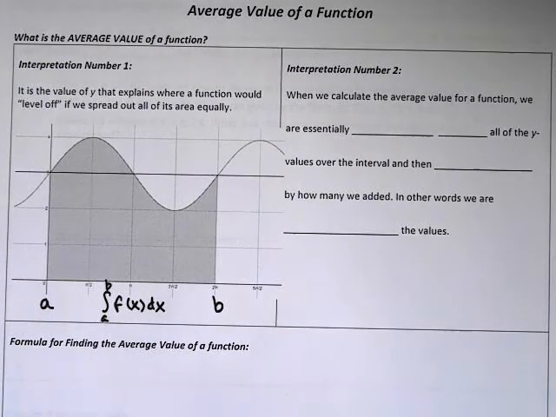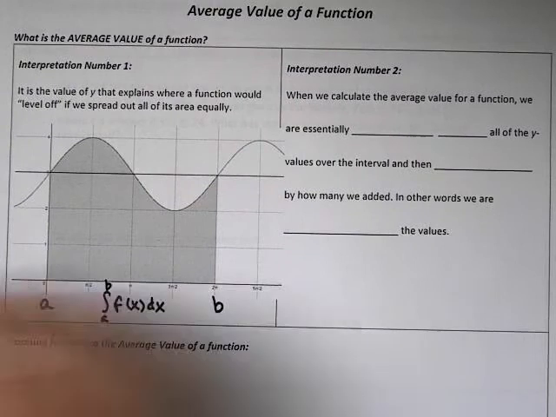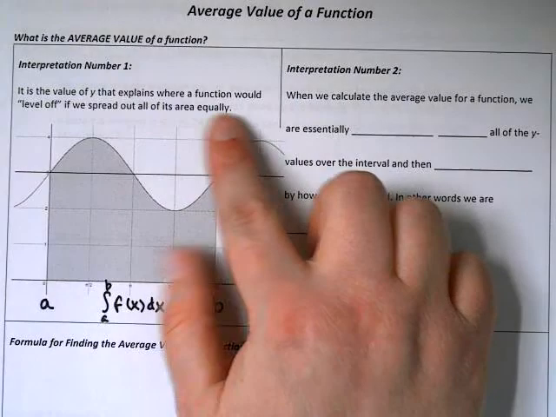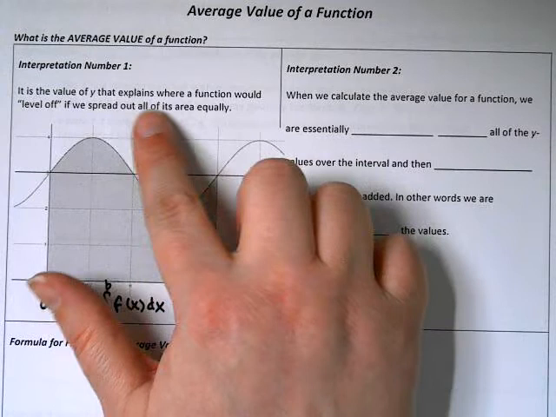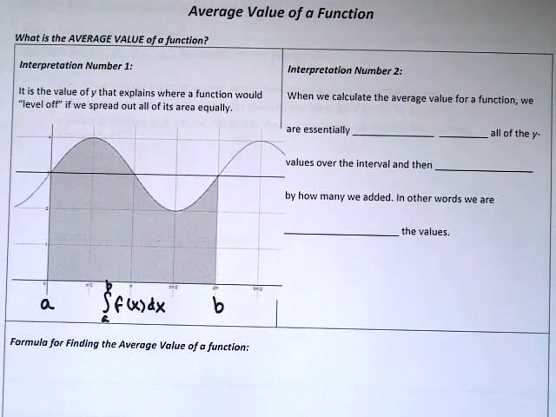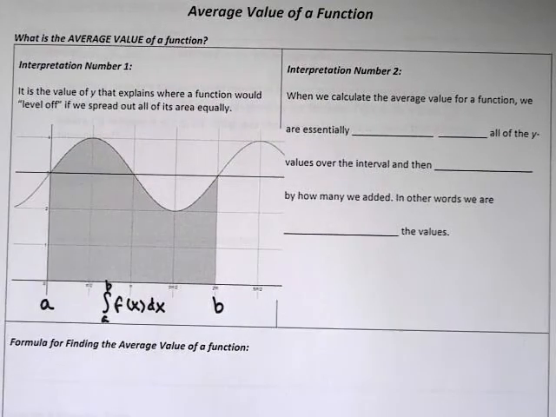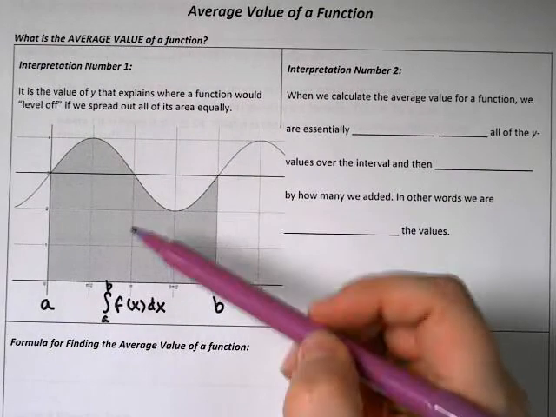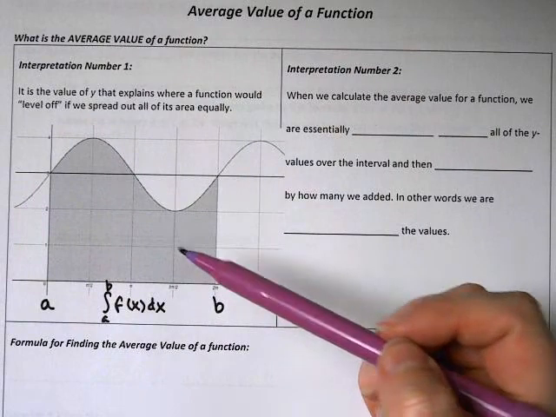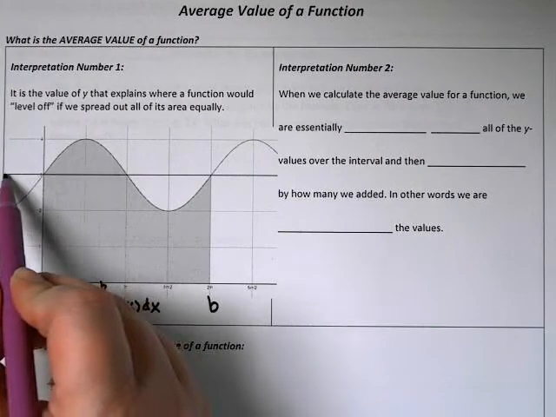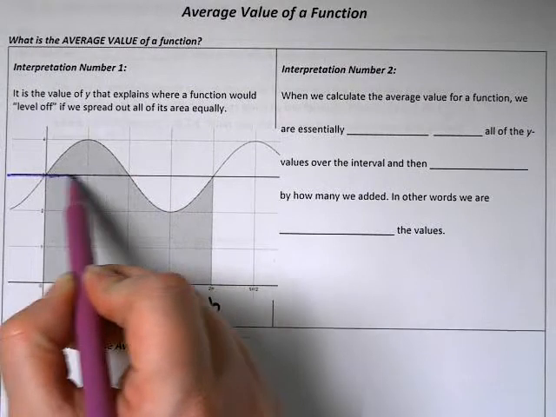All right, so what we're saying with this average value then is that the average value is the value of y that explains where a function would level off if we spread all of its area out equally. So what that means is if we took this gray area and we tried to level it off, this would be the value where it's all going to level off.